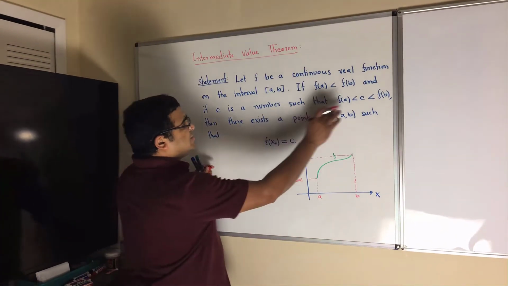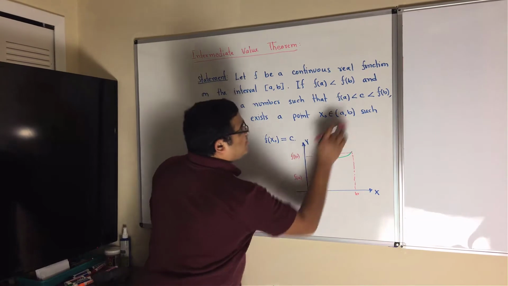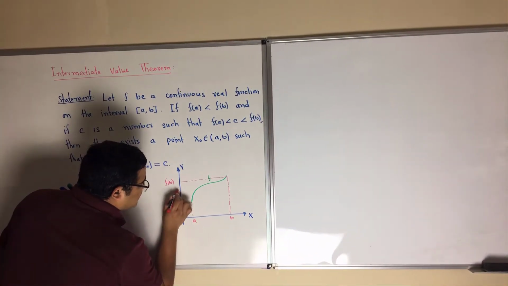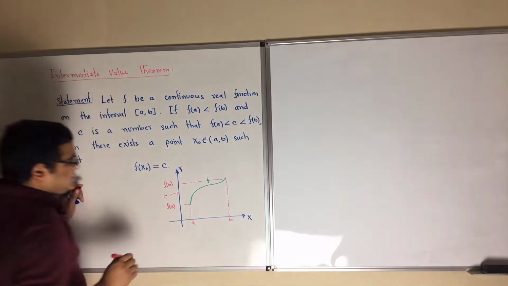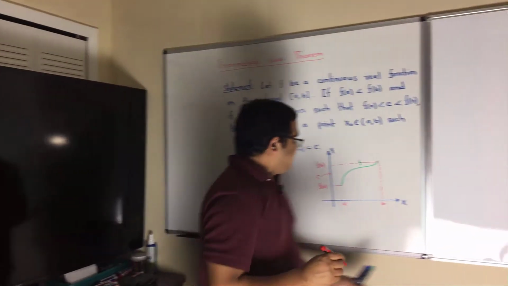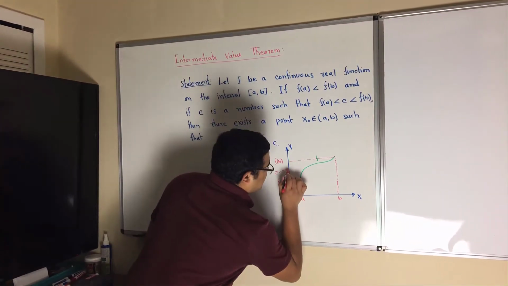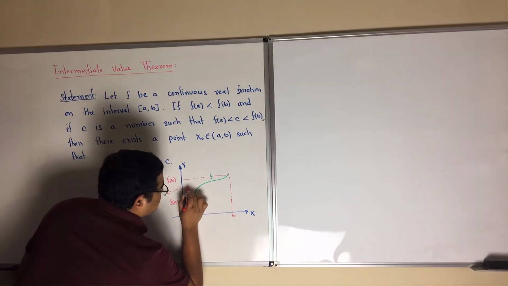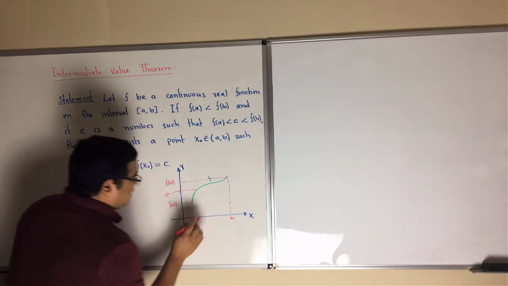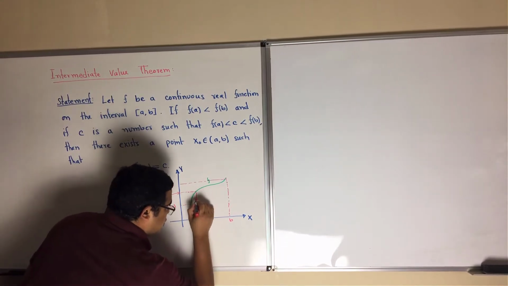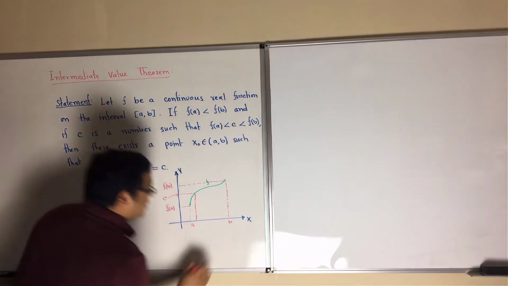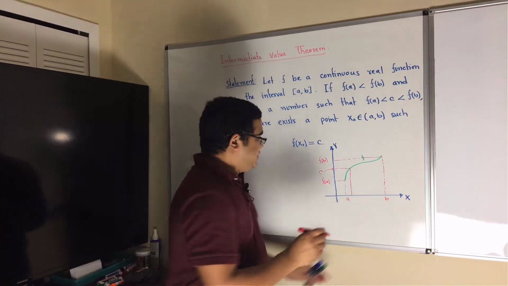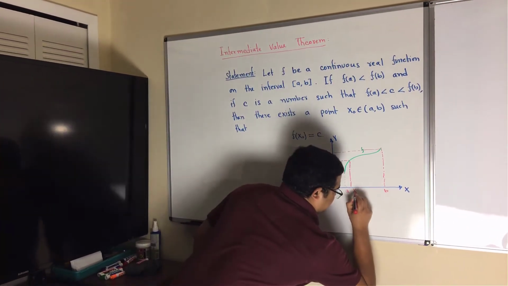Now, the theorem says if there is a point c between f of a and f of b, suppose c is here, then if you extend a straight line along the x axis and then along the y axis, there will be a point between a and b which is x0.